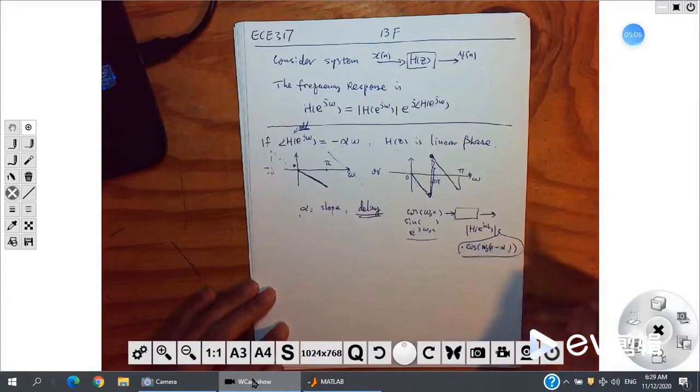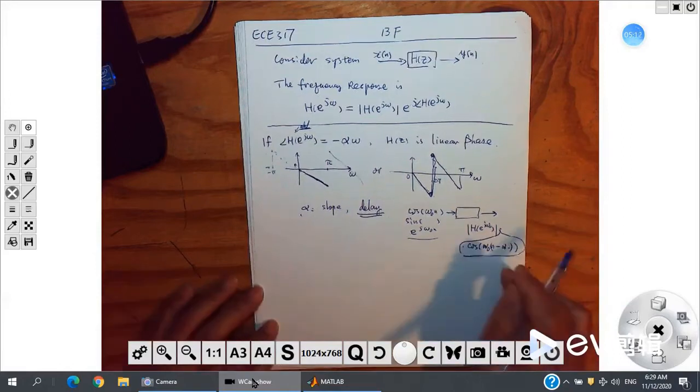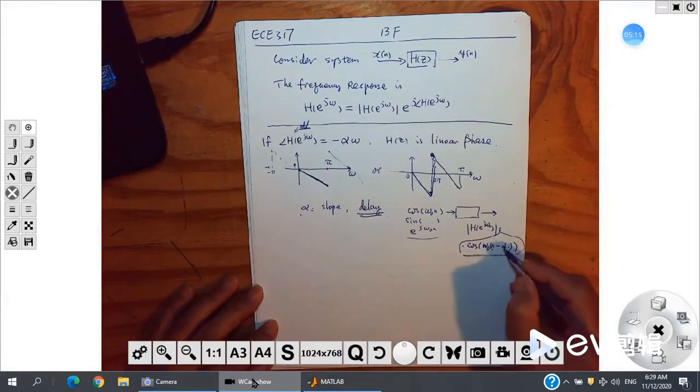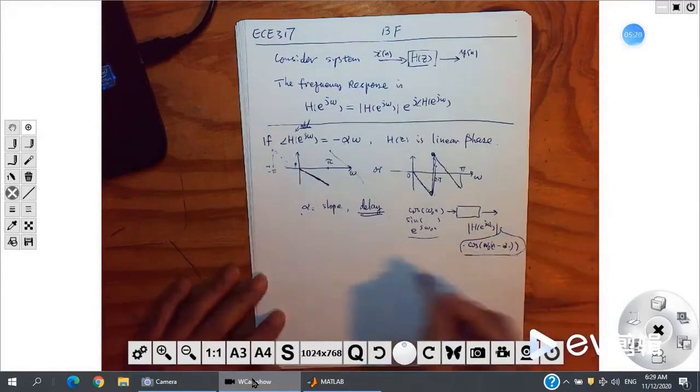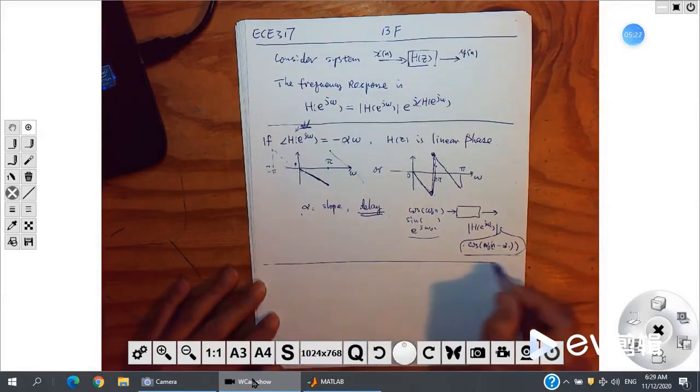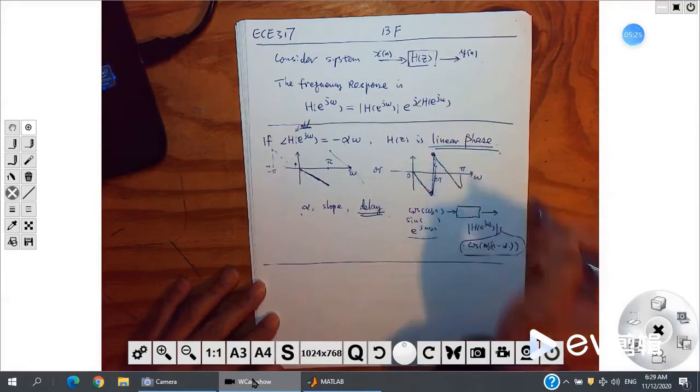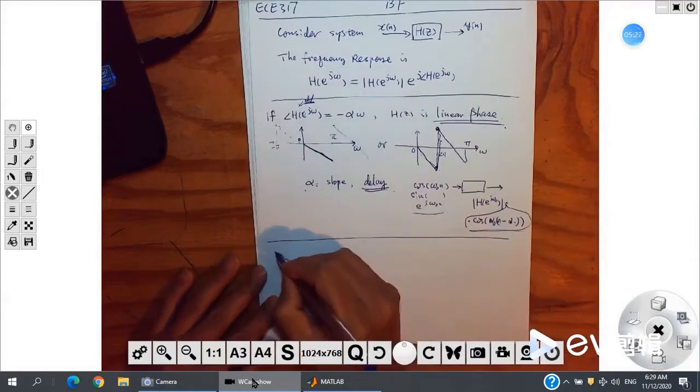But of course, when alpha is a constant and an integer, this is really a shift. If alpha is not an integer, this is kind of a shift, not really a shift. Right. So this is linear phase. Then we consider a more general case.